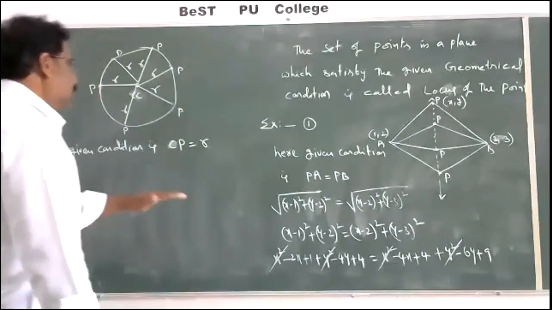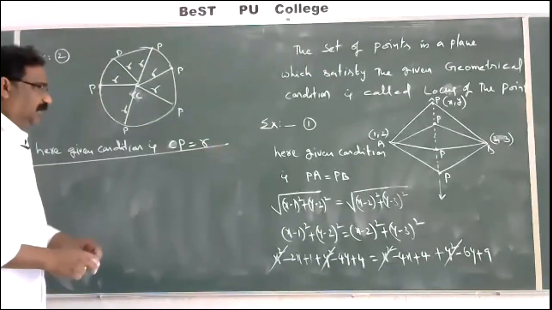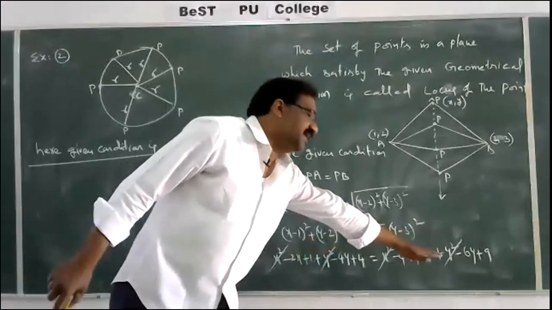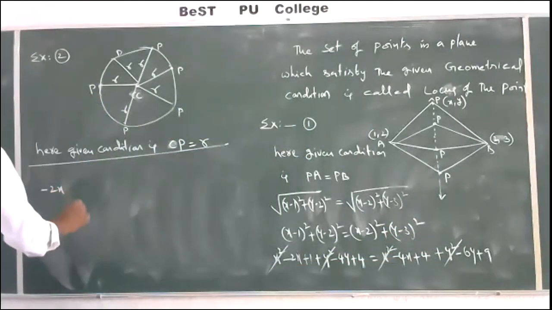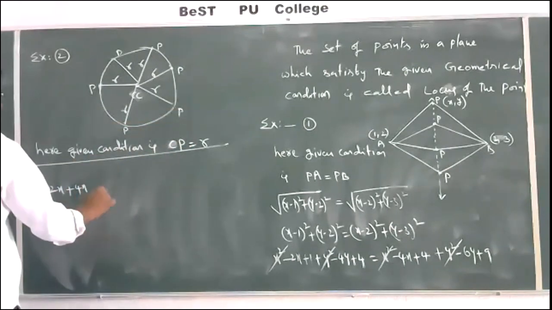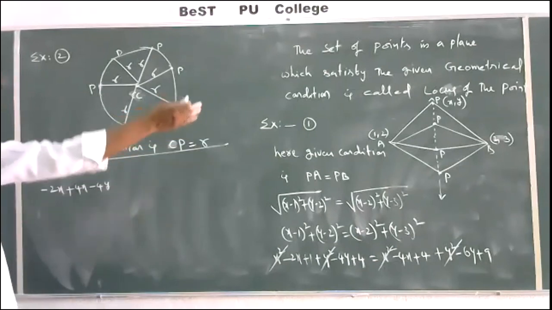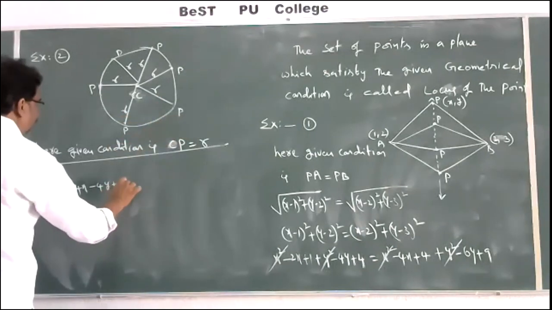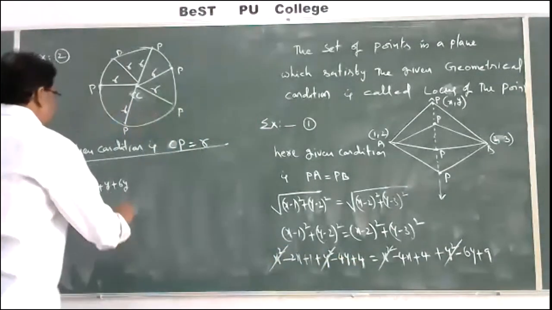You bring all the terms to one side. For example, you bring all the right-hand side terms to this side. Already here minus 2x is there. You bring minus 4x to this side, plus 4x. Already here minus 4y is there. There minus 6y, that is plus 6y. Here constants 1 plus 4, 5.